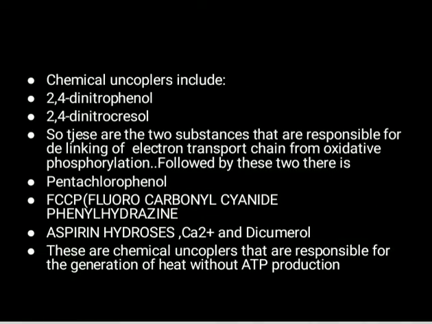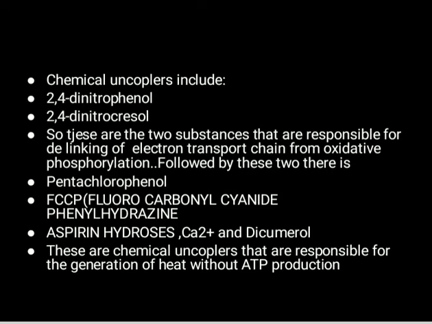Chemical uncouplers include 2,4-dinitrophenol and 2,4-dinitroglycerol. These are the two substances responsible for delinking the electron transport chain from oxidative phosphorylation. As we know, in oxidative phosphorylation ATP is produced along with the electron transport chain, but the uncouplers inhibit the production of ATP and produce heat without the formation of ATP.